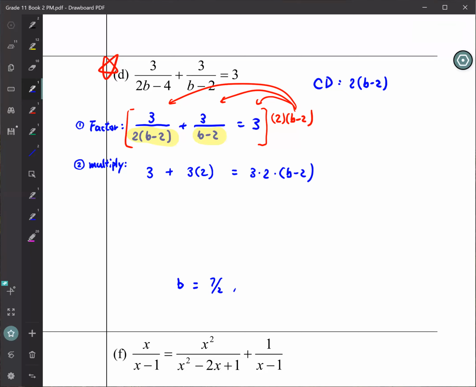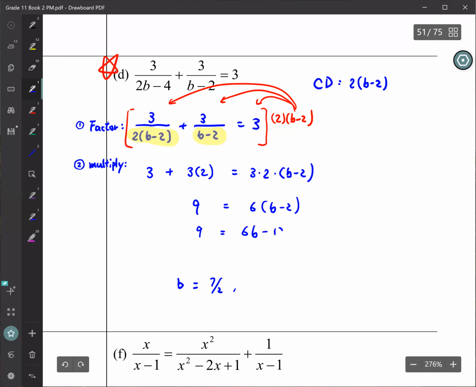So it turns out to be very easy here. 6 plus 3 is 9. 9 equals 6 times b minus 2. Expand. And then isolate b. Move the 12 over, so 21 equals 6b. And then divide, you'll get that.